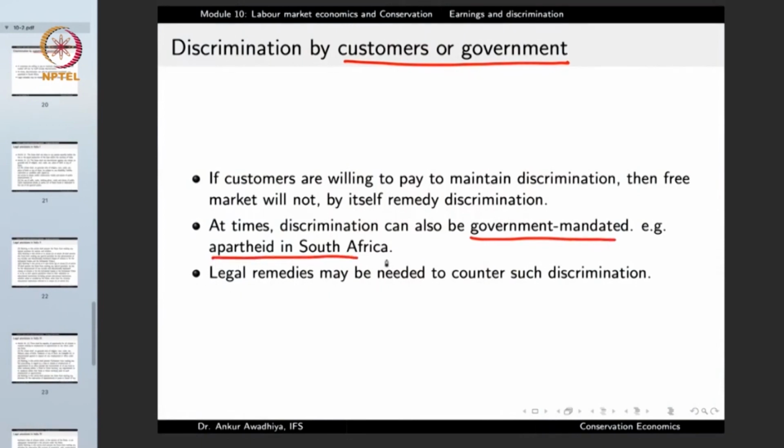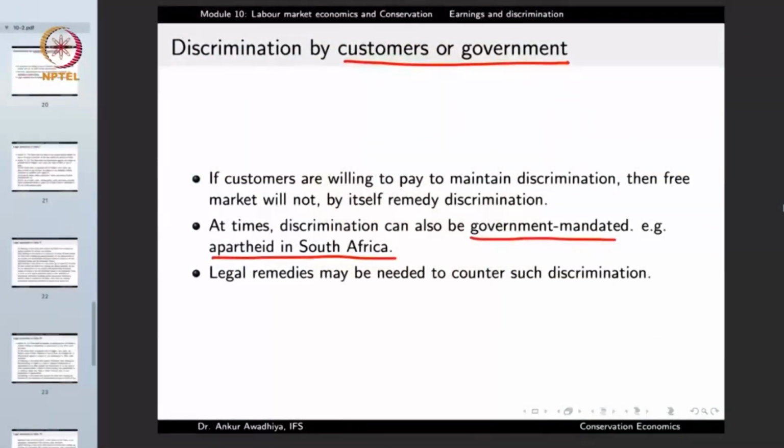Example, apartheid in South Africa. So in certain cases, the government may itself say that only people belonging to such and such community are going to get employed. Now, when discrimination is government mandated, then again the free market may not be able to solve the problem. And in such cases, legal remedies may be needed to counter such discrimination.